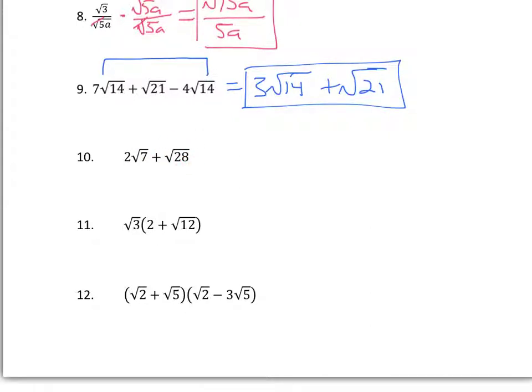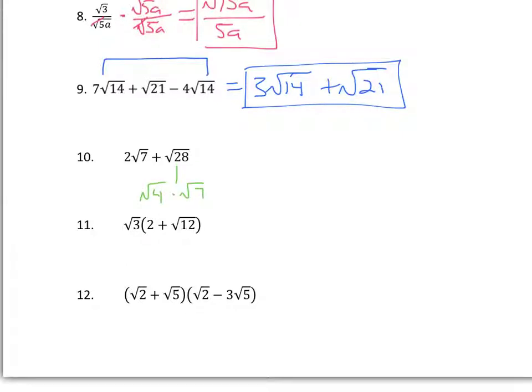Okay, for number 10, another thing you could do here is you might be able to manipulate these radicals, simplify them like we did with square root of 48 back in problem number 1, in order to make them have the same number underneath the radical. That's going to be really useful. So 28 we know is the same as, let's write it down here, square root of 4 times square root of 7.